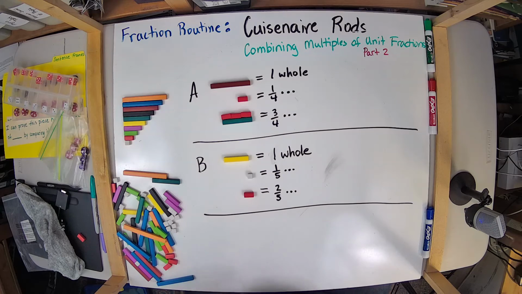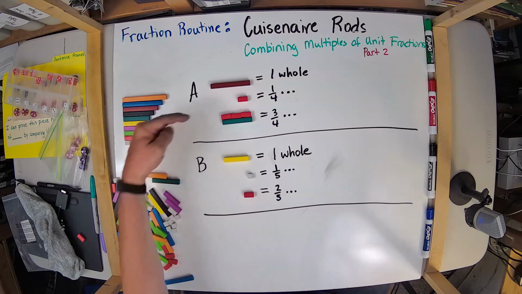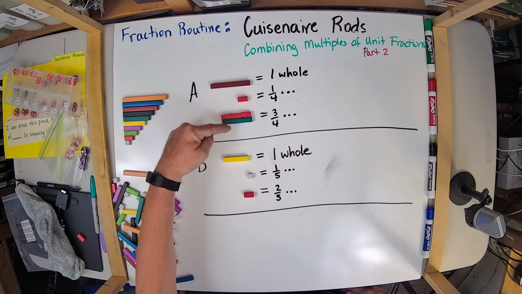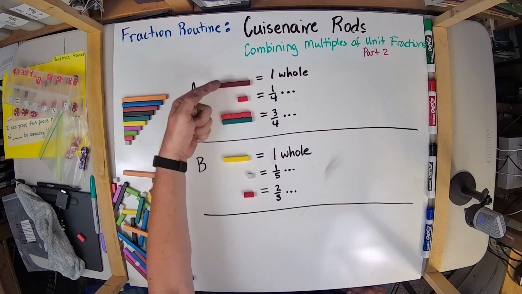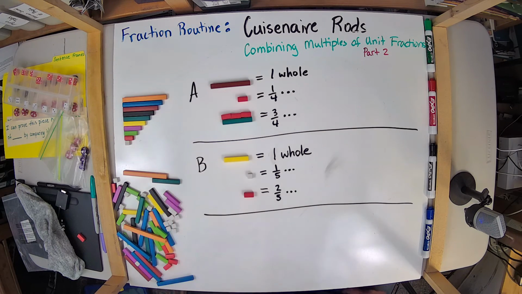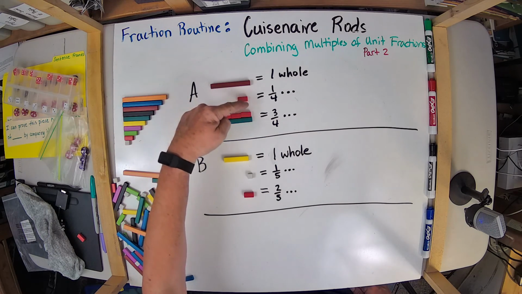So this is the idea of comparing a fractional value to a whole where the fractional value is not an even multiple of the whole. Or I should say the whole is not an even multiple of the fractional value. All right. And to do that, you have to use a unit fraction.